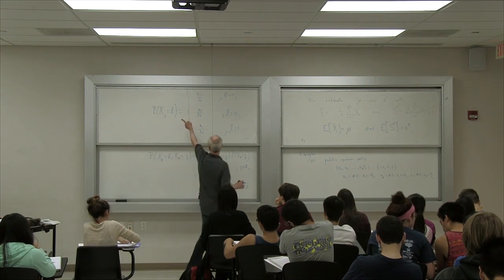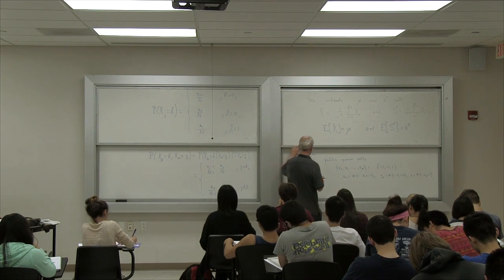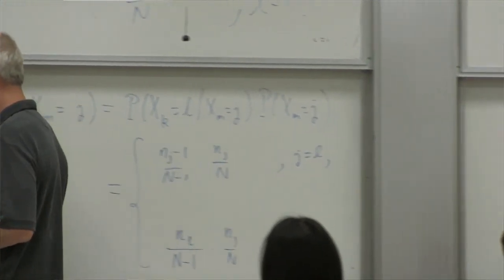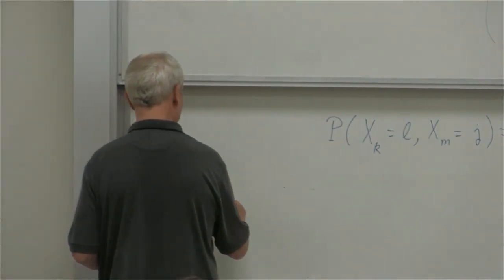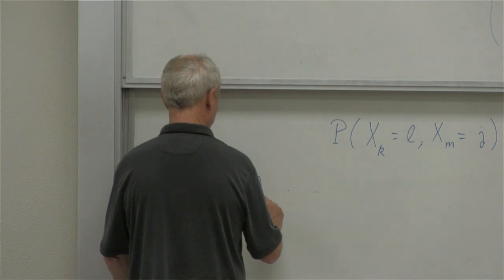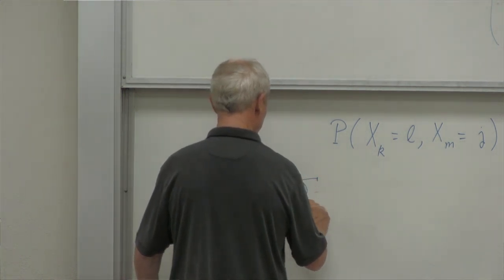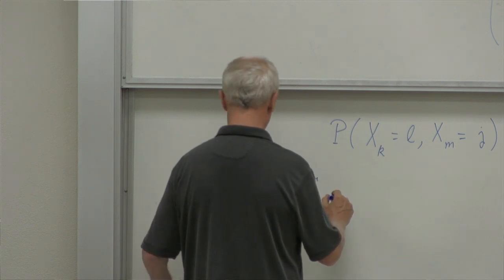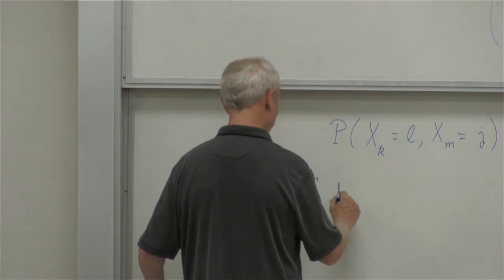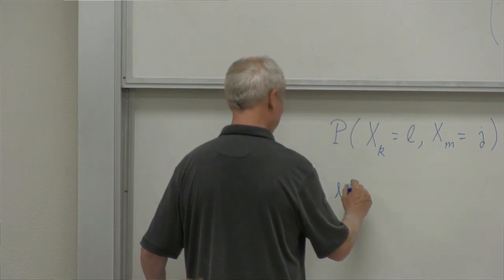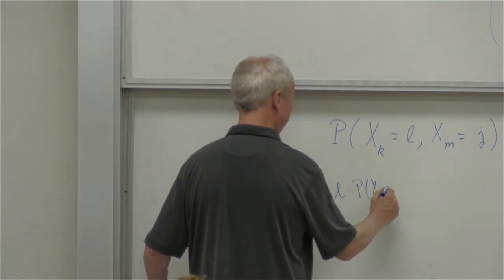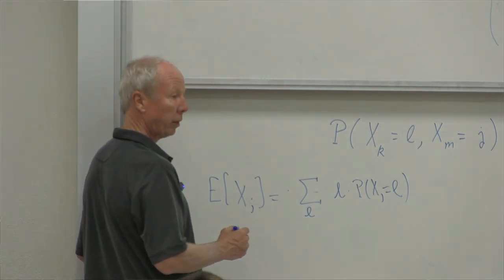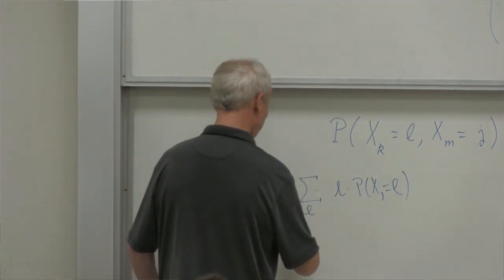And how could I compute the expected value of x there? What's the expected value of x sub j? Well, it's the sum over L, whatever value it could have, value L, I guess, times the probability that x sub j is equal to L. Okay, that's just the definition.